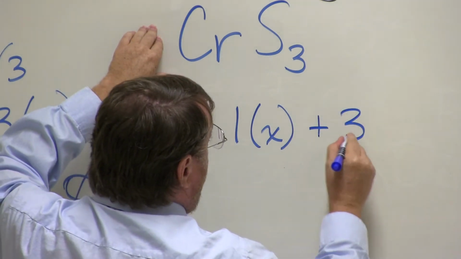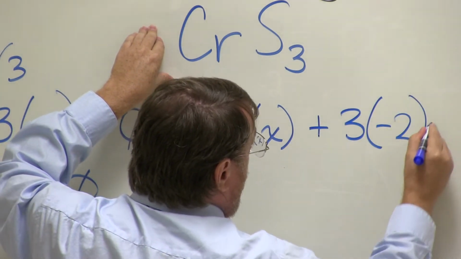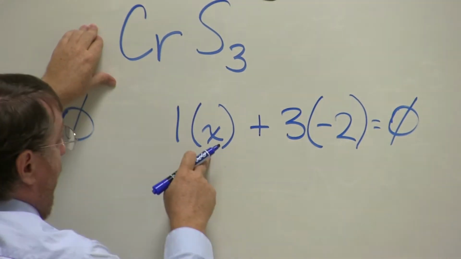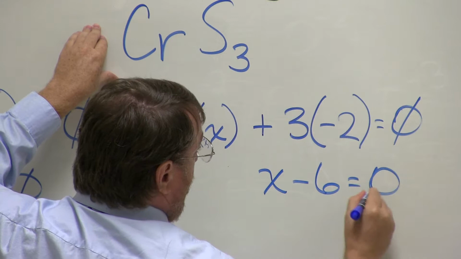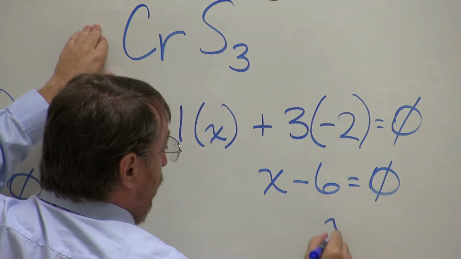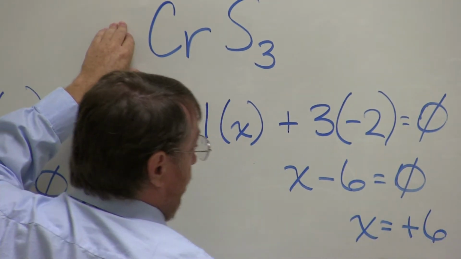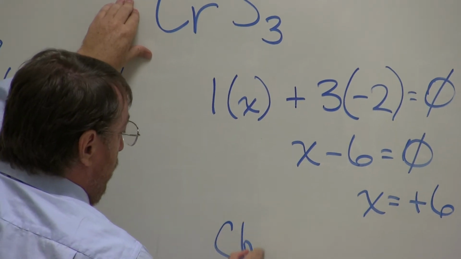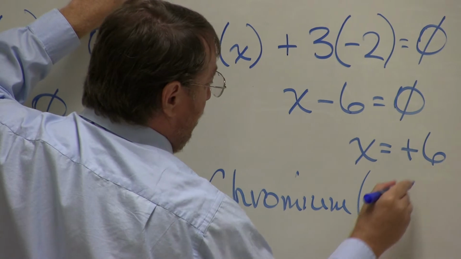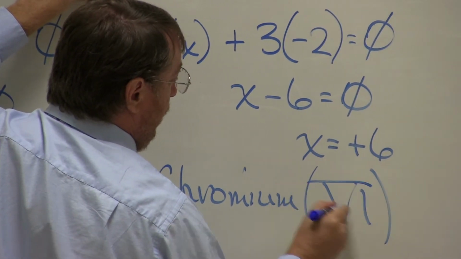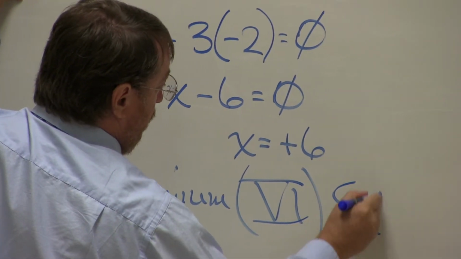So I'm going to have 3 sulfurs at -2 equals 0. X, -6. So I'm going to have x minus 6 equals 0. Bring the 6 over, and x equals plus 6. Now I know my name, chromium 6 with a Roman numeral, VI sulfide.